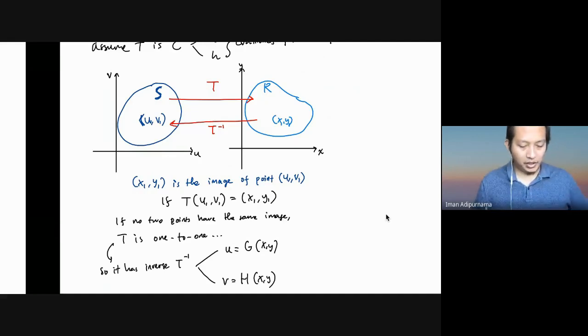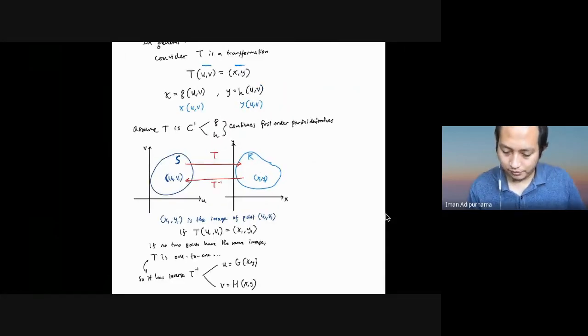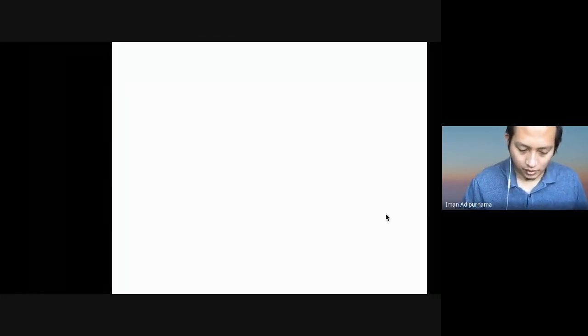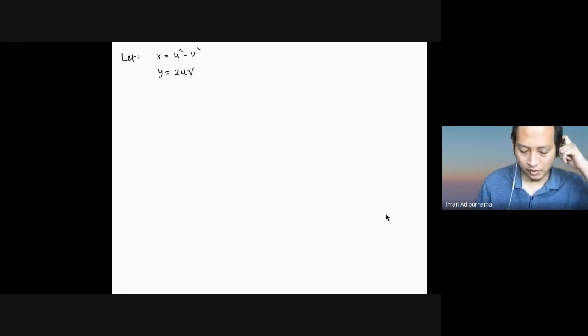Okay. Let me give you an example, and then what we can conclude from the example. Let x be u squared minus v squared, and y be 2uv.